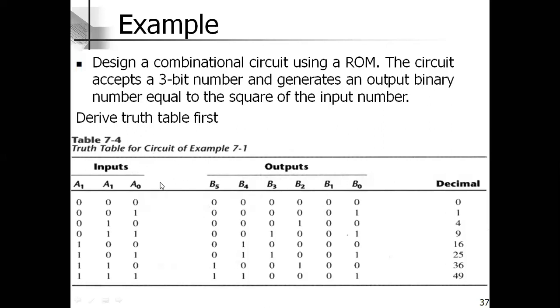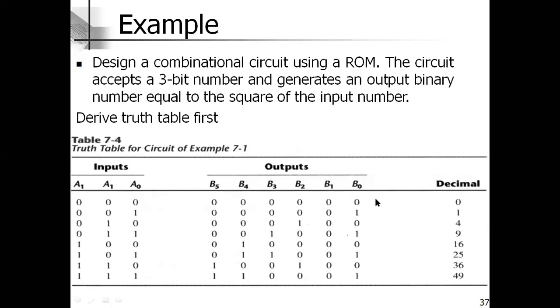So the outputs are B0, B1, B2, B3, B4, B5, totally 6 outputs.